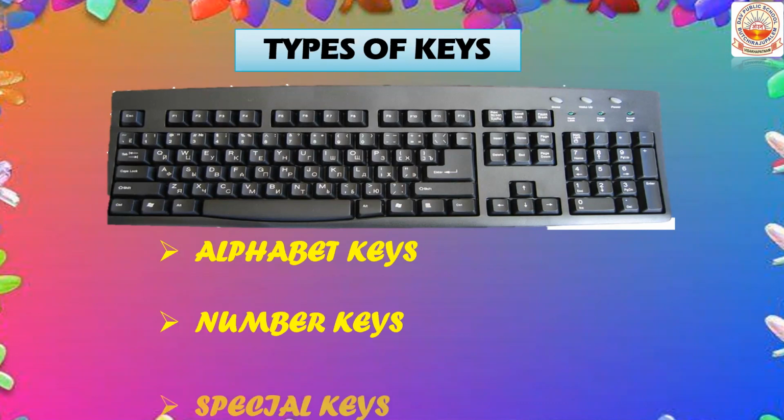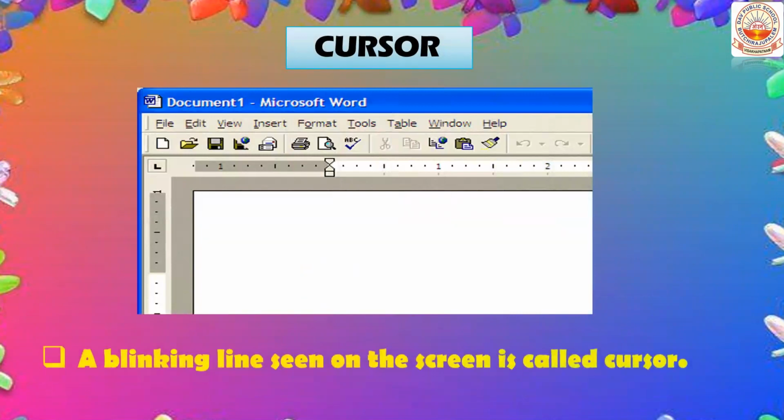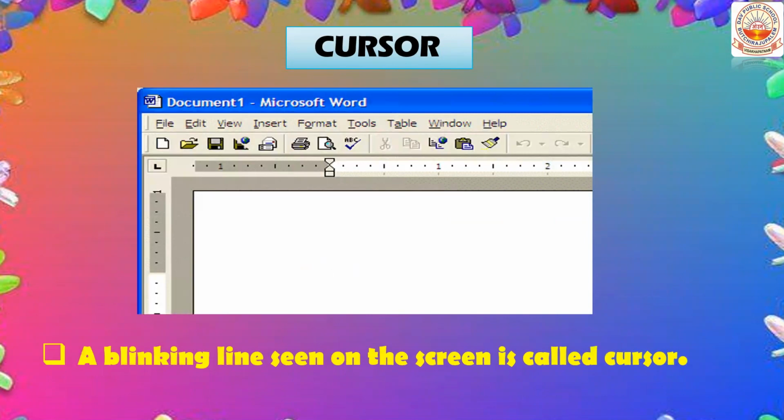Okay, children? And you have learned about the cursor. So what is the cursor, children? A small blinking line seen on the screen is the cursor. So today, you will learn about some of the special keys in this session.